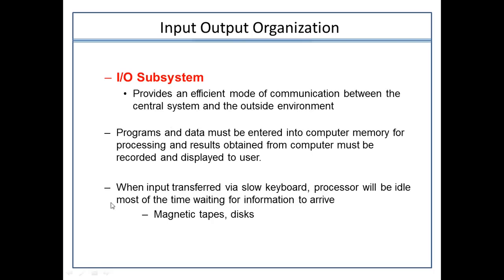Before beginning with understanding the peripheral devices or the input output interface, one thing which is very important to understand is the meaning of this entire chapter. As the name implies, it is input output organization. By input output, they are talking about various types of input and output devices available.